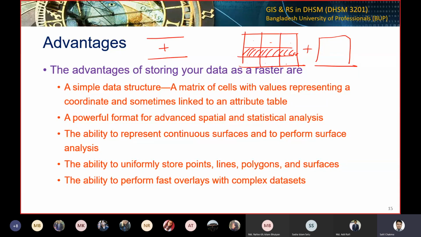For example, you have a very detailed road network of Bangladesh, with small paths, like the dirt roads.